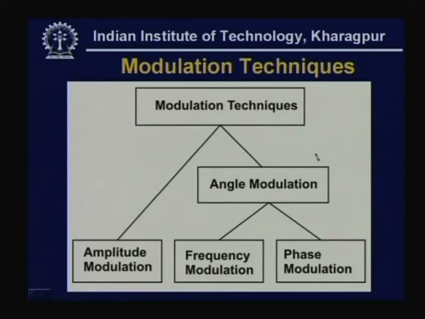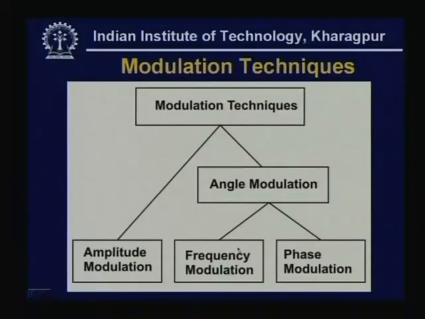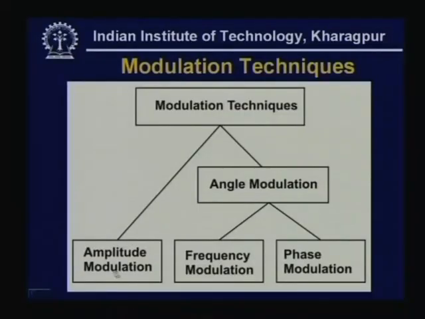As I told, you will be able to modify one of the three parameters: amplitude, frequency and phase. Whenever you vary the amplitude, we get amplitude modulation, that means the amplitude of the carrier.